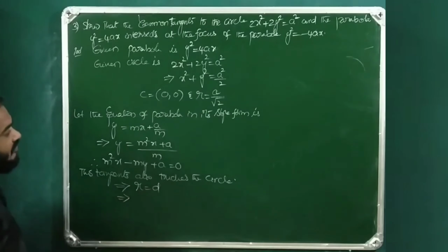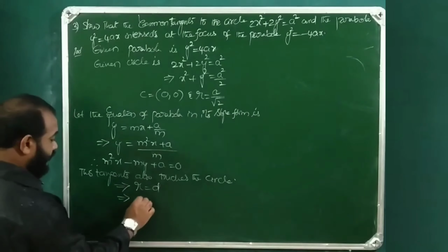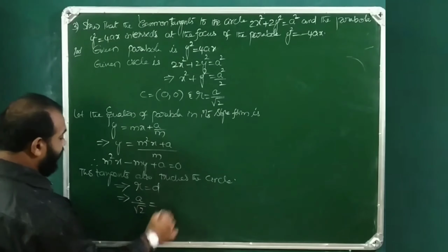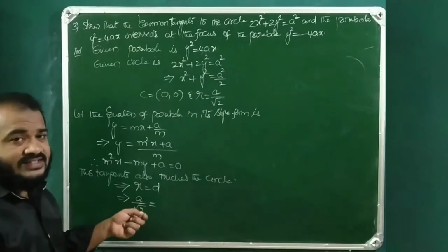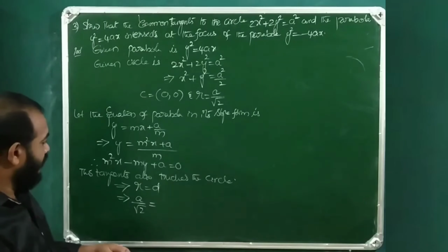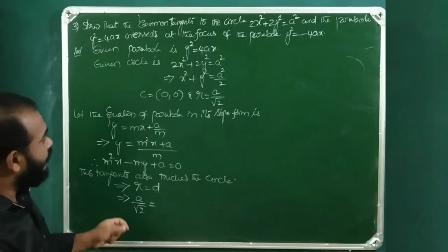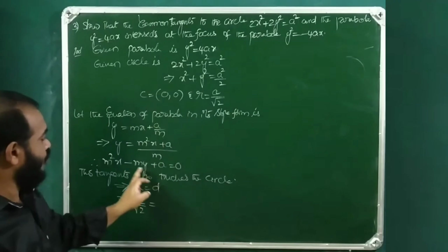So radius a by root 2 is equal to the perpendicular distance from the center of the circle to this line.